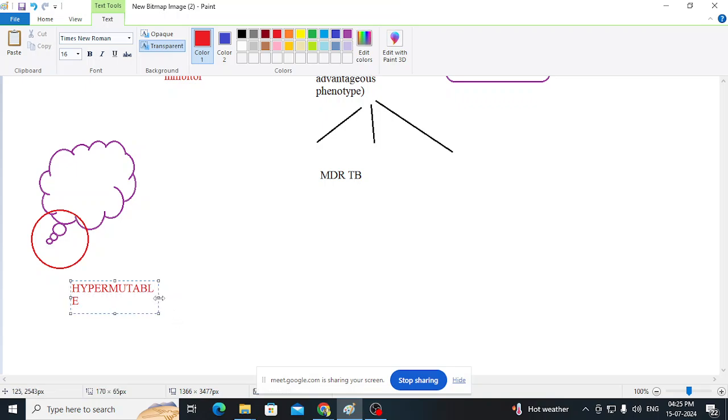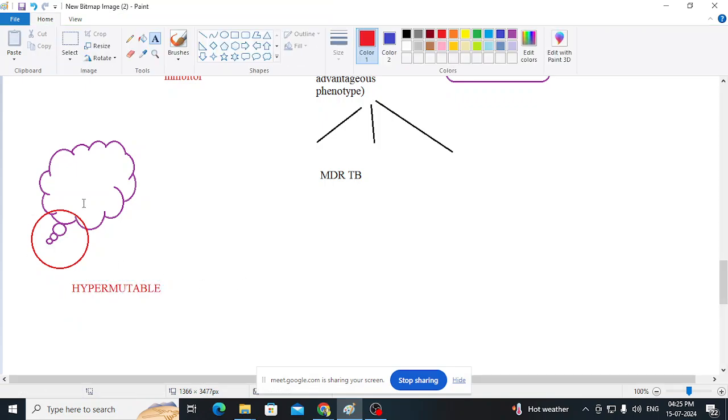Now, what is hypermutable? It means this area changes frequently. Sometime this domain looks like this, sometime like this, sometime like this. Are you getting it? Can you see the drama?